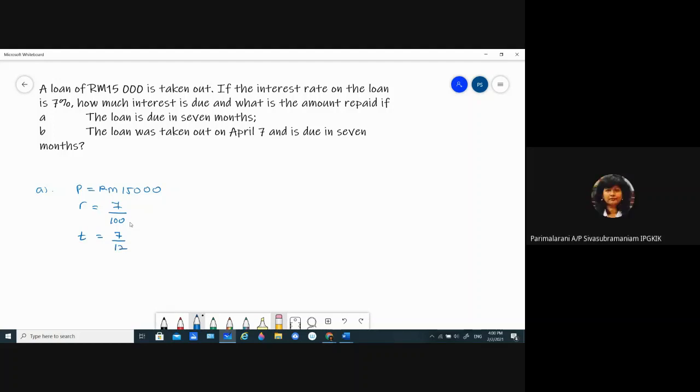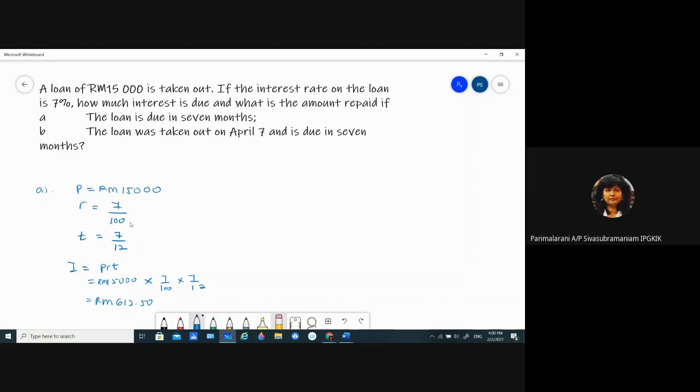So now we want to calculate I. I equals PRT, which is 15,000 times 7 over 100 times 7 over 12. You can cancel it and then solve it. So we get the interest as 612 ringgit and 50 cents.